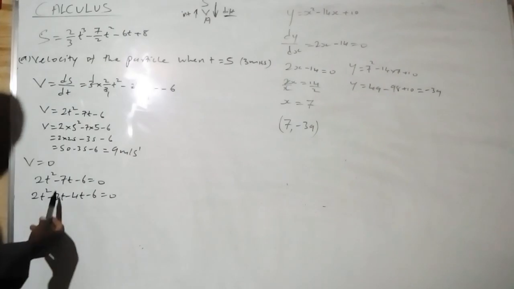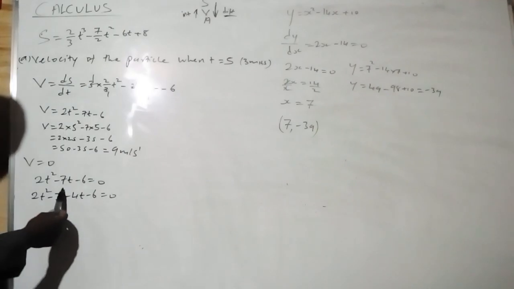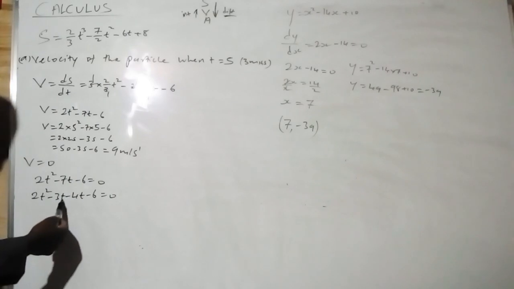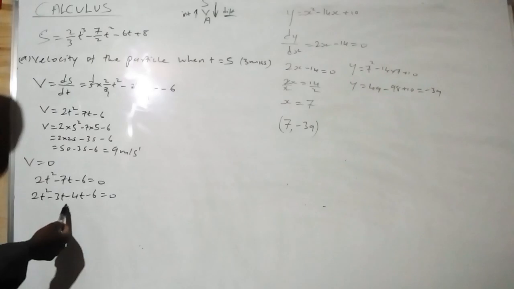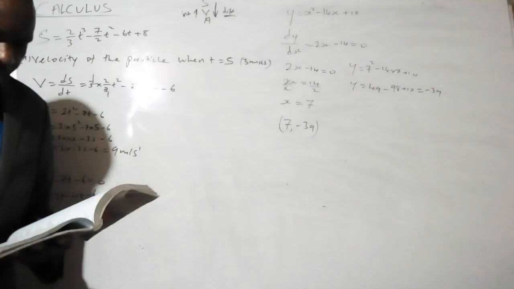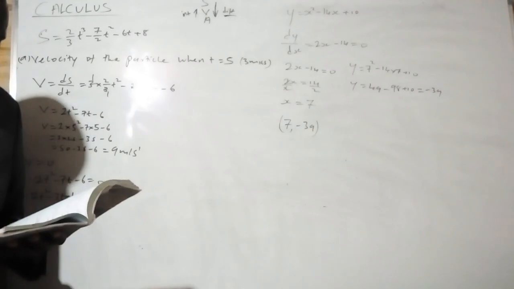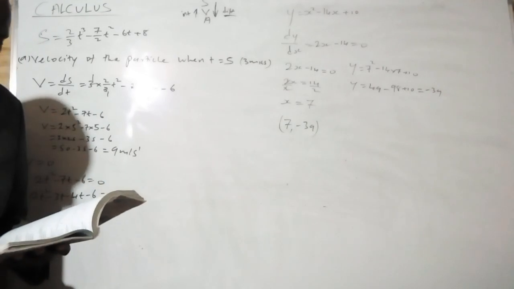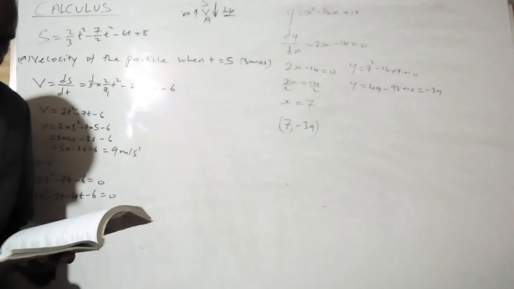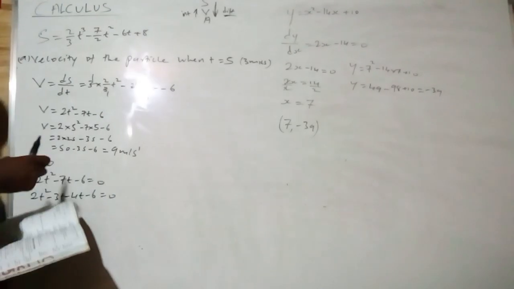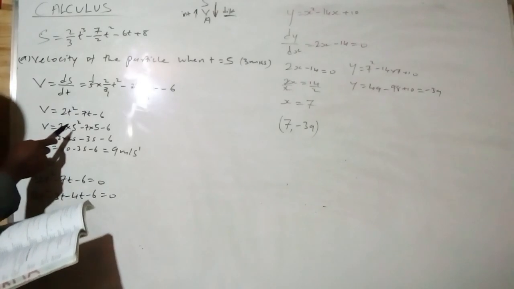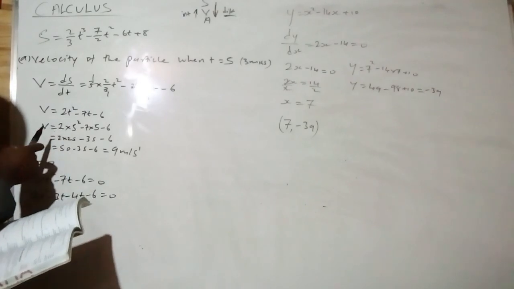After differentiating, we got 2t squared minus 7t minus 6.